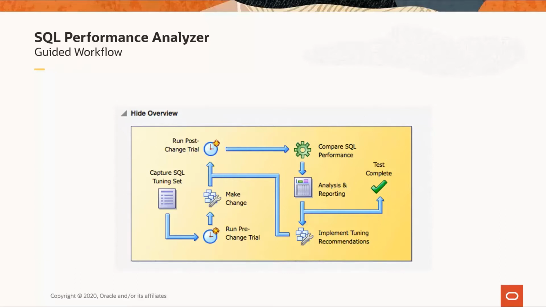And then if we feel comfortable with the SQL statements, we complete the test. If not, we can go back and execute another post-change trial, compare the performance again, until we feel satisfied with the output of the report coming from SQL Performance Analyzer.